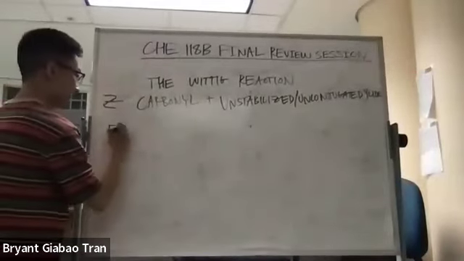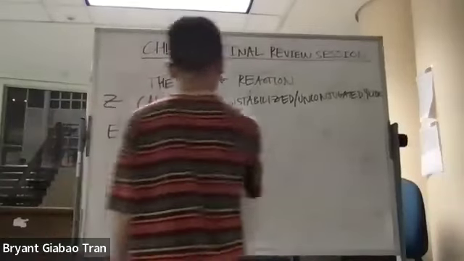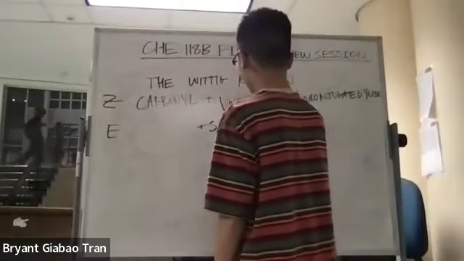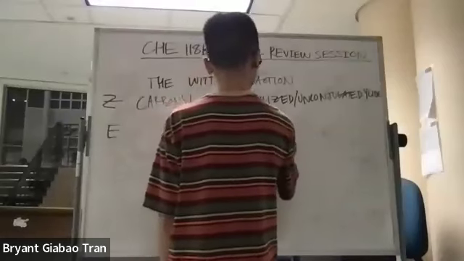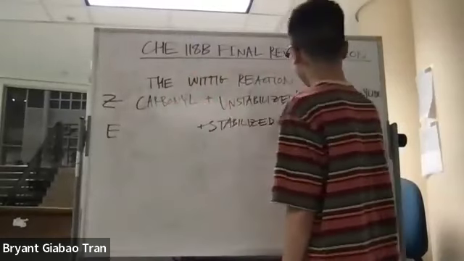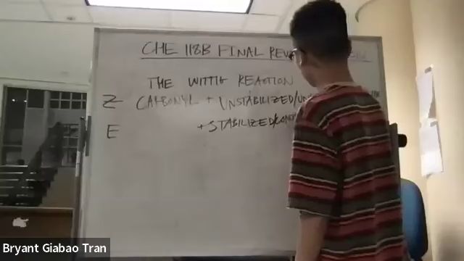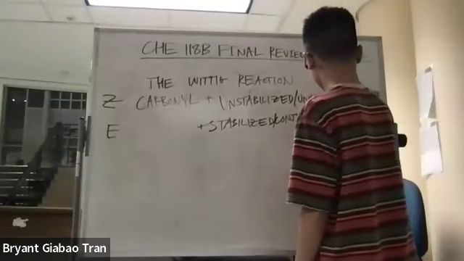You'll get an E alkene if you have a stabilized or conjugated ylid.